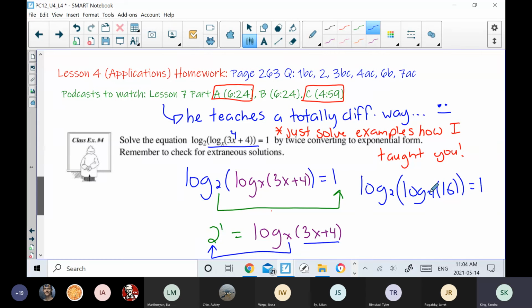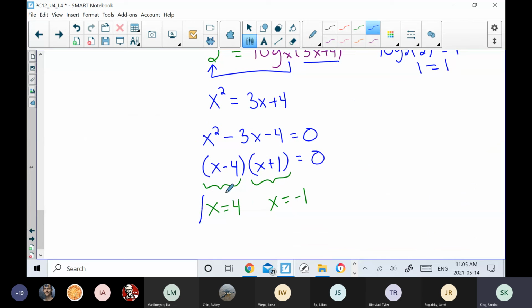And that guy's equal to 1. This is acceptable because I could actually solve what log base 4 of 16 is. Log base 4 of 16 is going to be 4 to what power would give you 16? The answer is 2. So this would be the log base 2. My argument would be 2, and that's equal to 1. Look at this. 2 to what power would give you 2, or same base, same argument. Log base 2 of 2 is equal to 1. 1 is equal to 1. So that one verifies. So I know that x is equal to 4 is a solution.